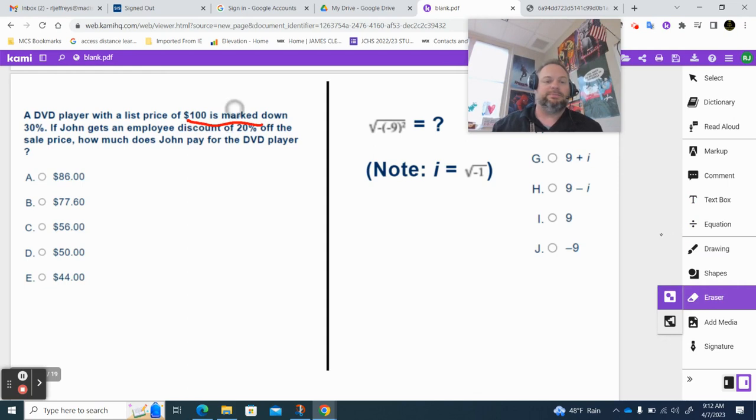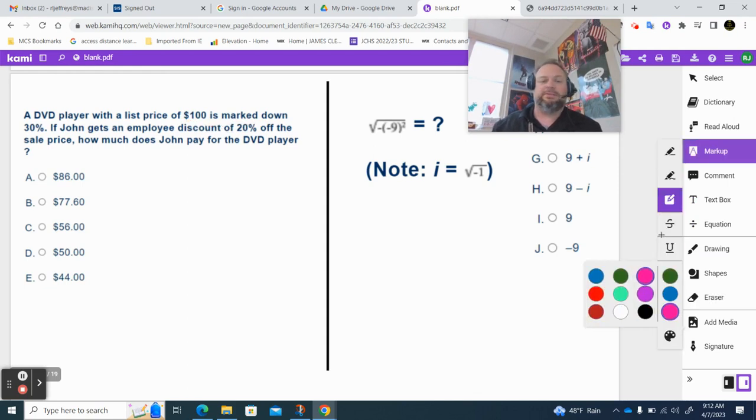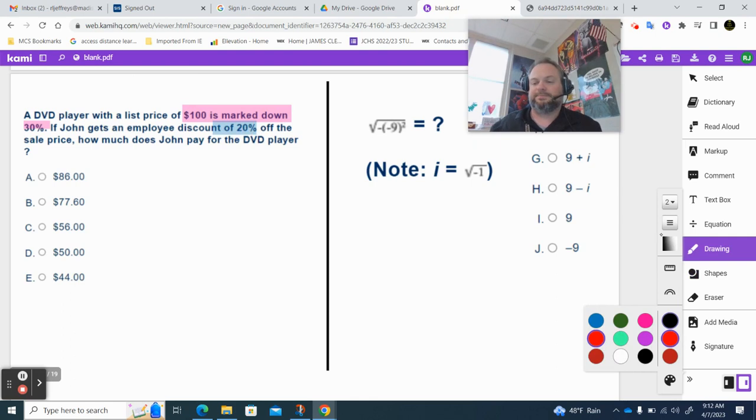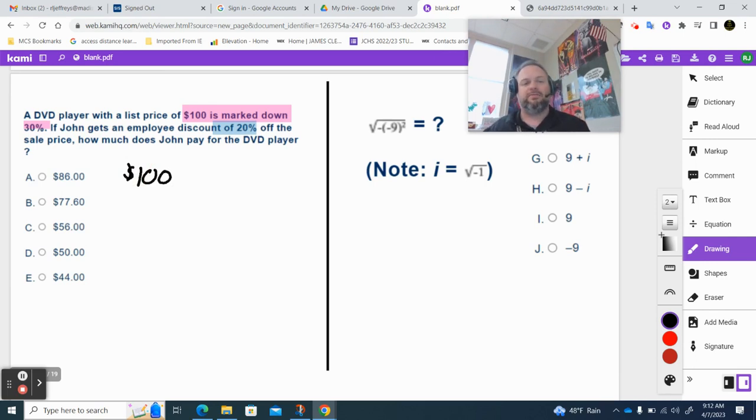Important information: it's already marked down 30%, and then John gets another 20% off the sale price. Think about it. If it's $100 and it's 30% off, you're only paying for 70% of it, which is $70.